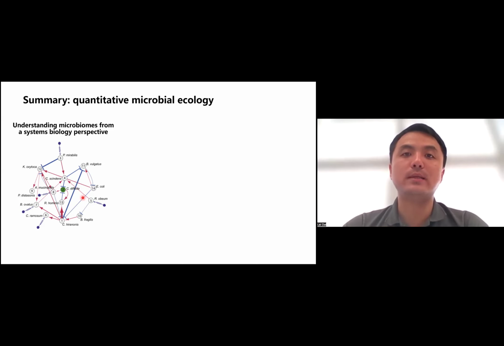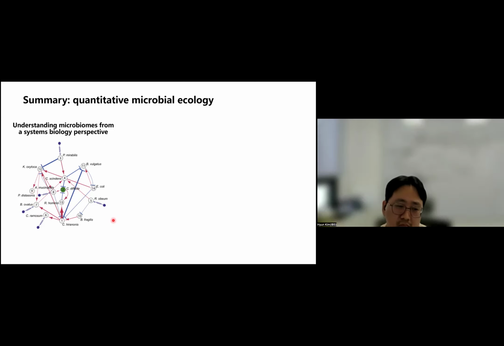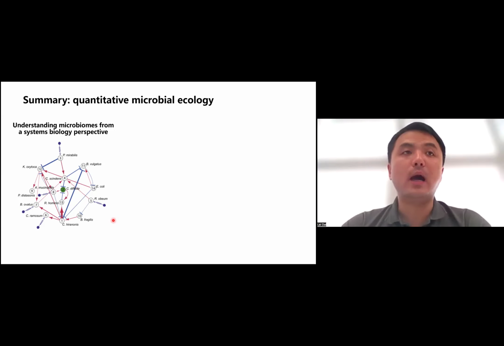What I said was absolute abundance. How do I get absolute abundance? What we did was use quantitative PCR. Because each species has a marker gene called 16S ribosomal RNA, we can use the total copies of 16S genes to estimate the total number of microbes in that sample.